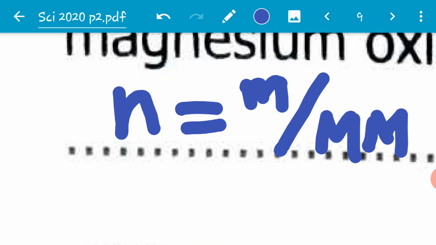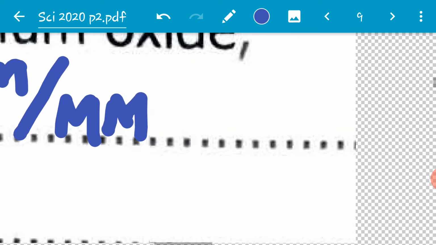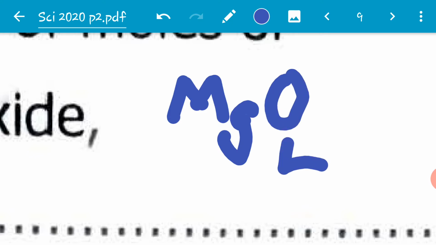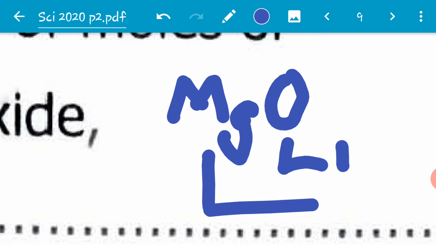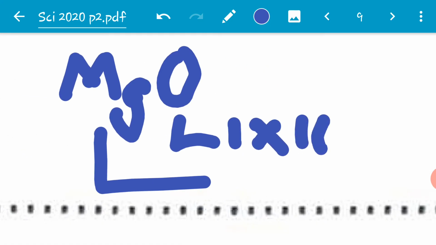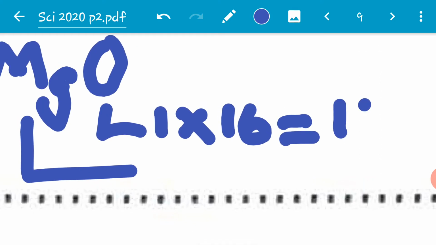Now we have the physical mass, which is 3 grams. Do we have the molar mass? We can calculate. What we've been given is magnesium oxide, and we will do this. We have 1 atom of oxygen times 16, which is the relative atomic mass of oxygen. So this will give us 16.